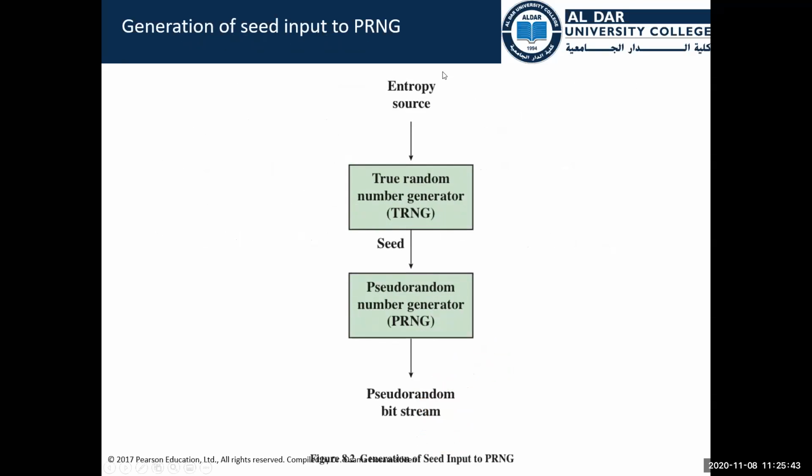So we have the entropy source. This is how the seed is generated: entropy source, then the true random number generator creates a seed, and then the pseudo random number generator creates a pseudo random bit stream.